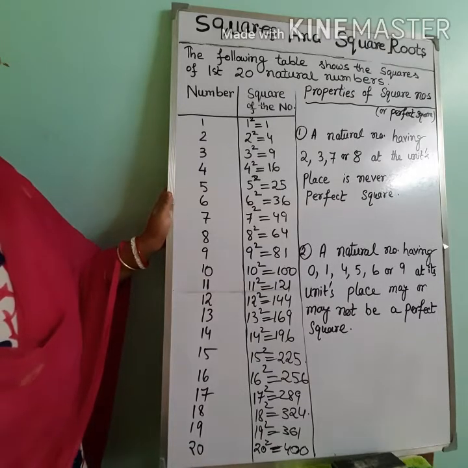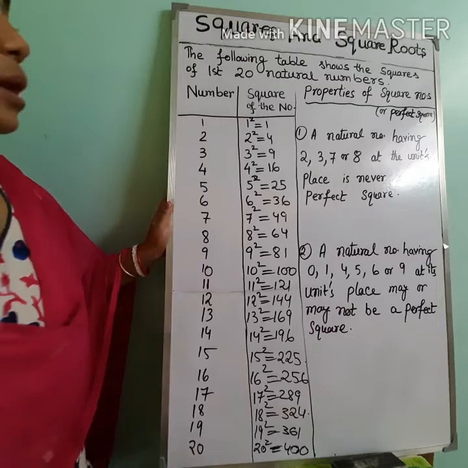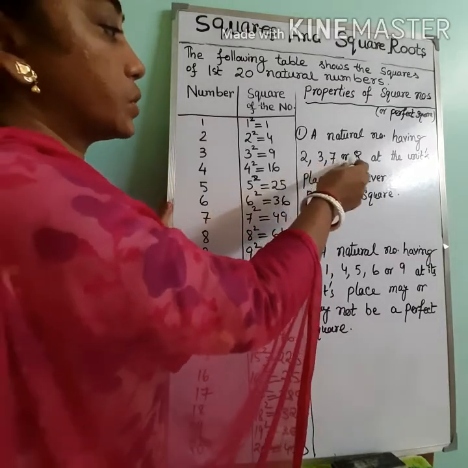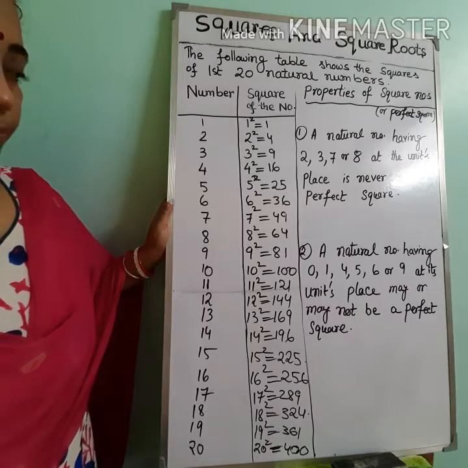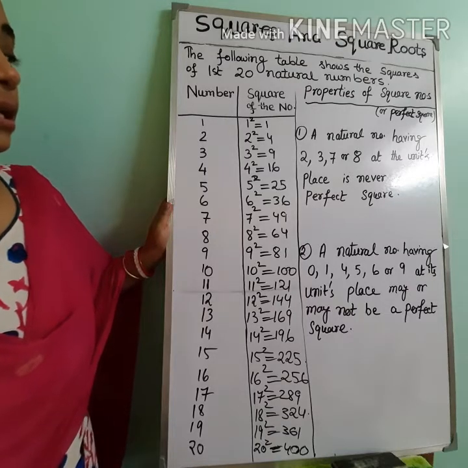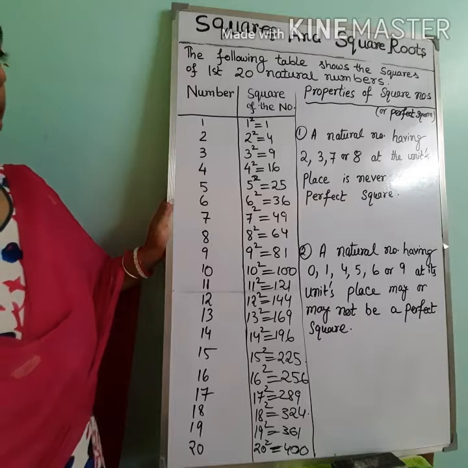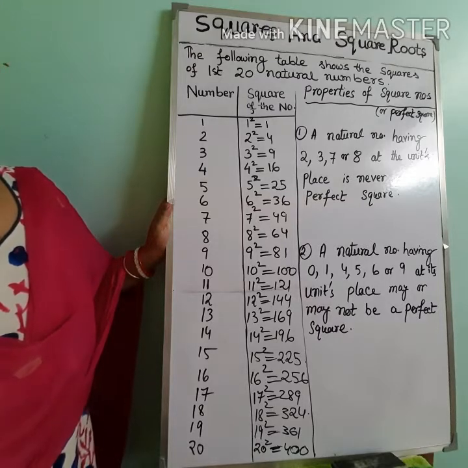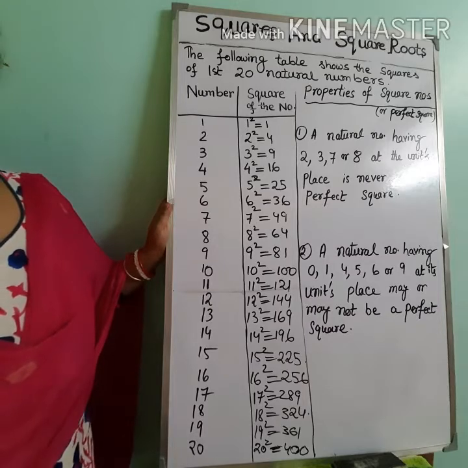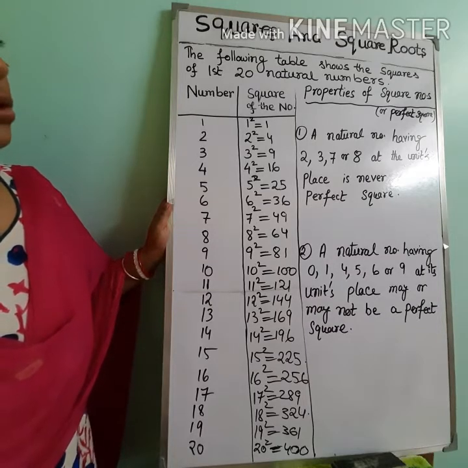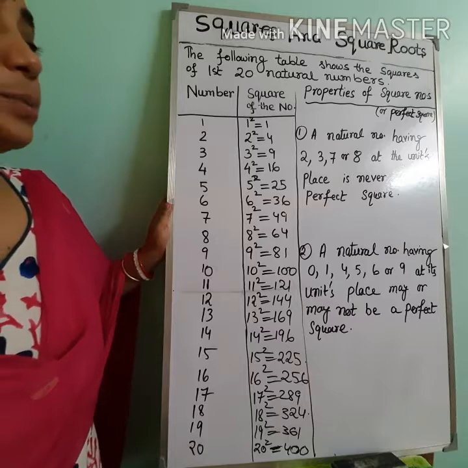So from this we can say that a natural number having 2, 3, 7 or 8 at its units place is never a perfect square. That means any number ending with the digits 2, 3, 7 or 8 can never be a perfect square. It is a very important property.